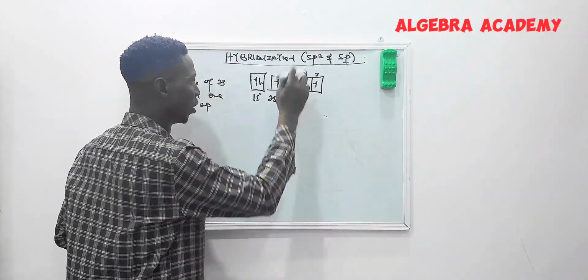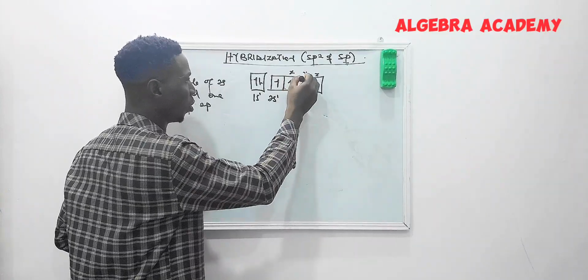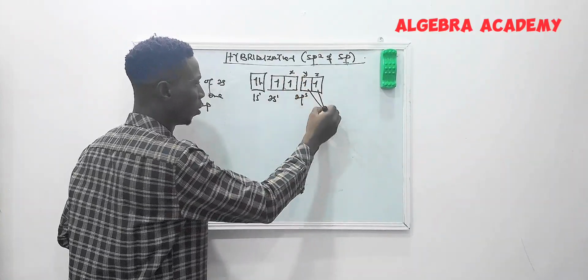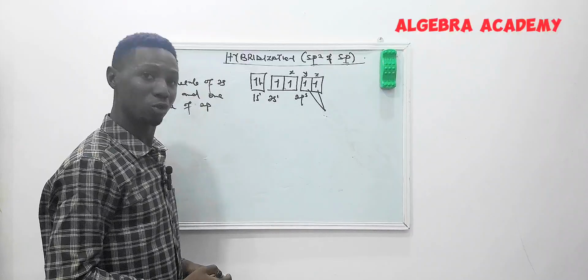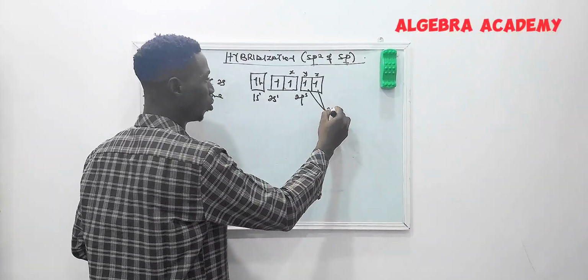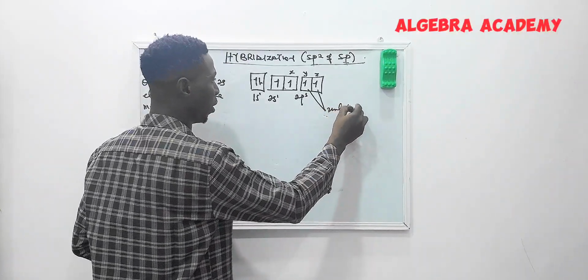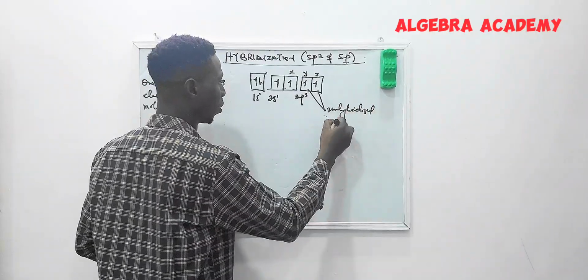We can just remove the 2 like this. These are unhybridized orbitals, this and this. That means 2py and 2pz this time around. They are both unhybridized orbitals.